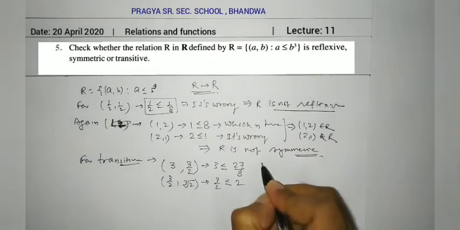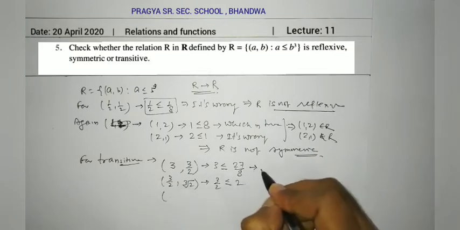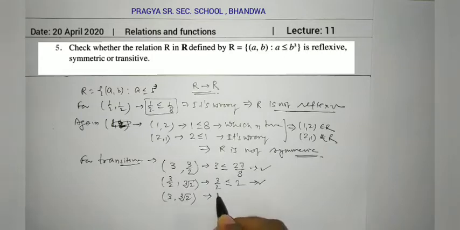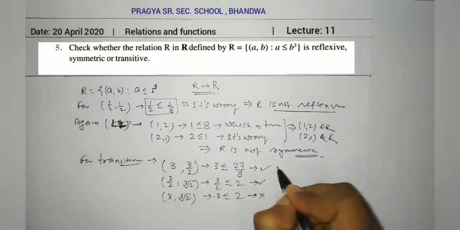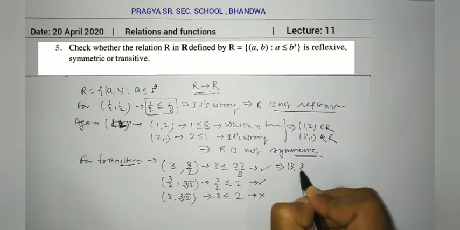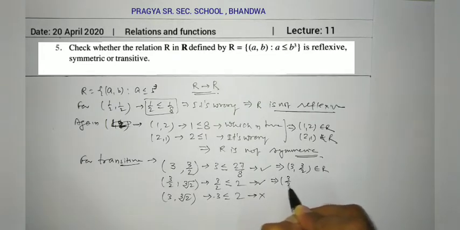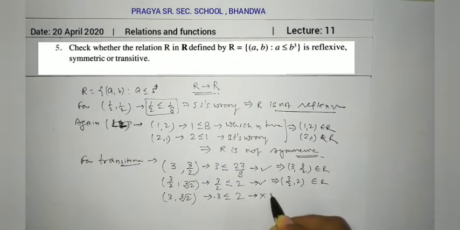So this is correct, but now we'll check for the first and last, 3 comma cube root 2. For (3, cube root 2), we can say that 3 is less than or equal to B cube, where B is the cube root of 2 and its cube is 2. 3 less than 2 is wrong. So (3, 3 upon 2) belongs to the relation, this implies (3 upon 2, 2) belongs to the relation, and this implies (3, cube root 2) does not belong to the relation.